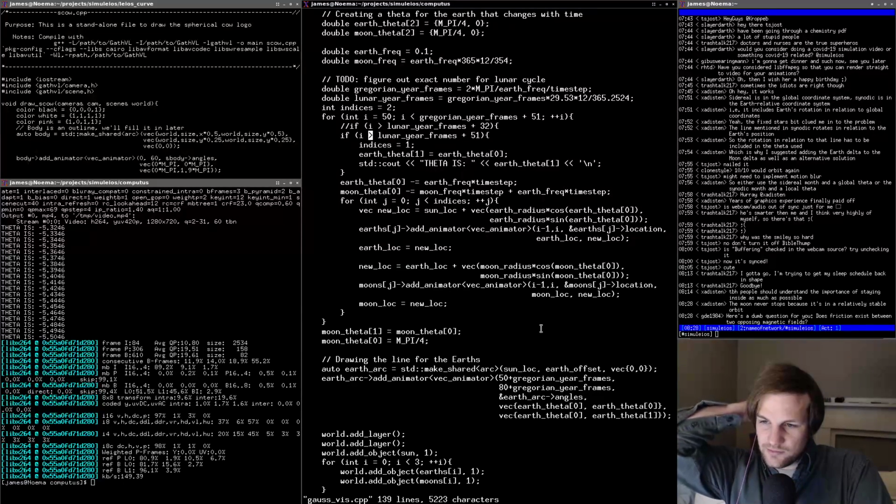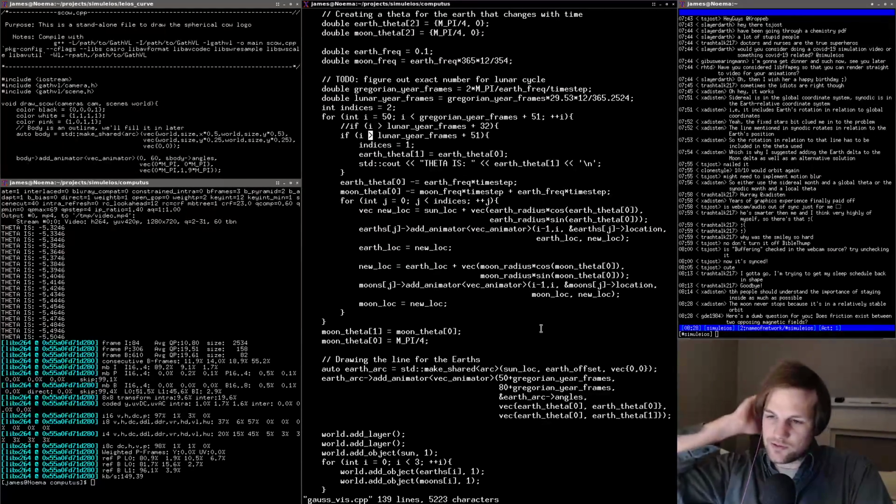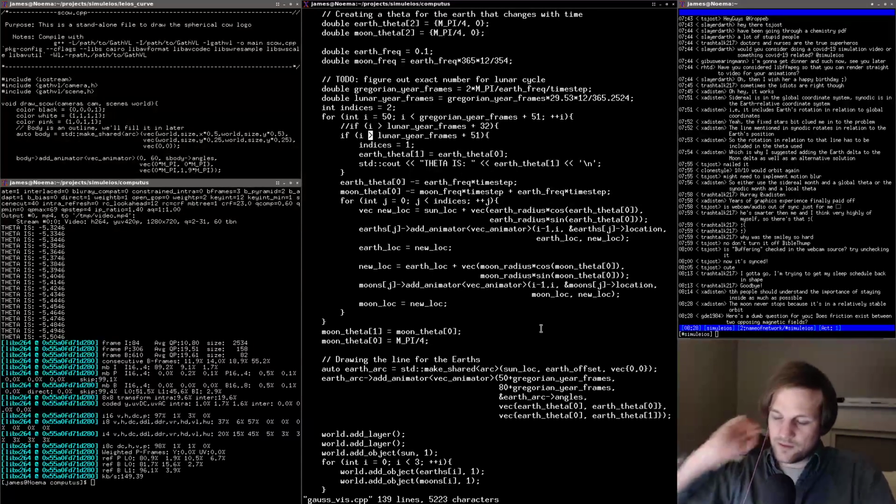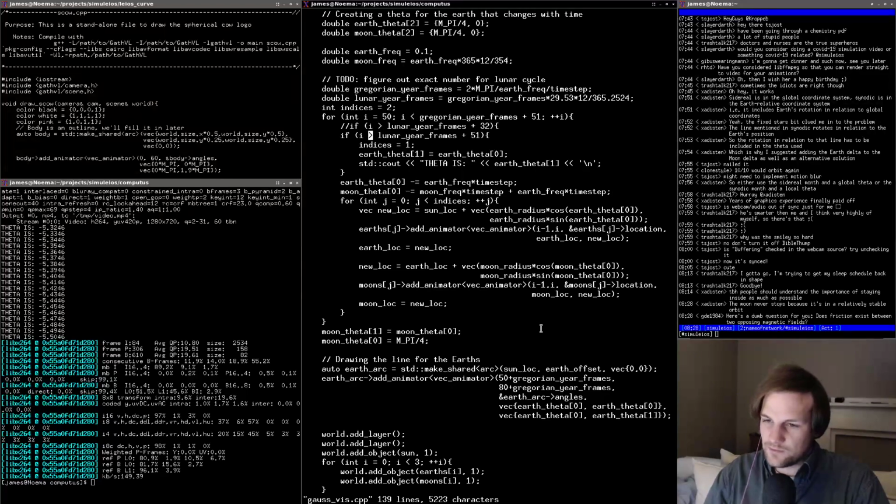Here's a dumb question for you. Does friction exist between two opposing magnetic fields? I don't know. My naive answer to that would be yes, just because an object that you send through two competing magnetic fields will feel a retarding force that you can count as some sort of friction, I suppose.